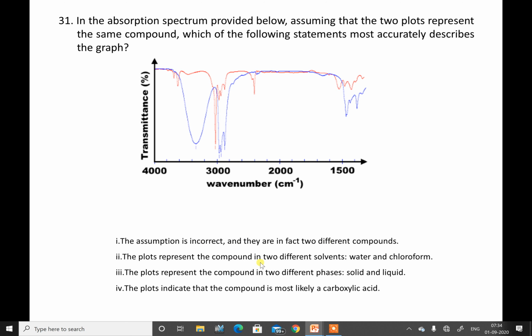If I see, I find they are mostly matching, almost peak to peak. Only here a broad peak has come, and this may be due to 2 phases, solid and liquid. Due to the liquid, this broad peak has come. So the answer is, sorry, that it is due to water, and the sharp peaks are of course from chloroform. This is water, so the answer is 2.